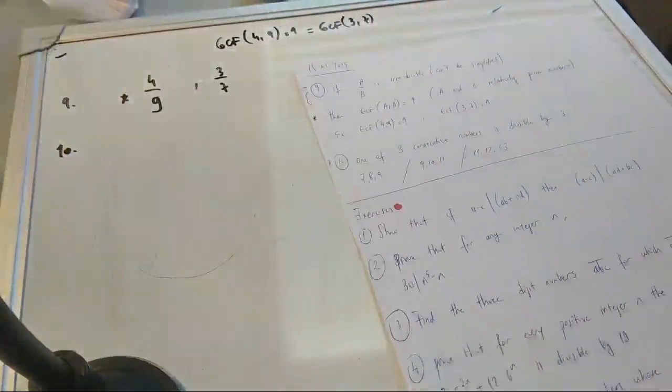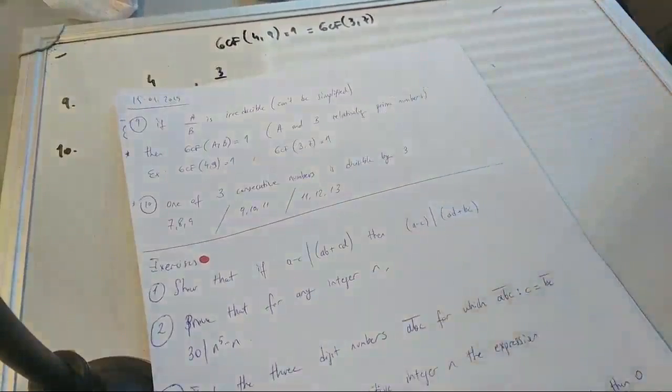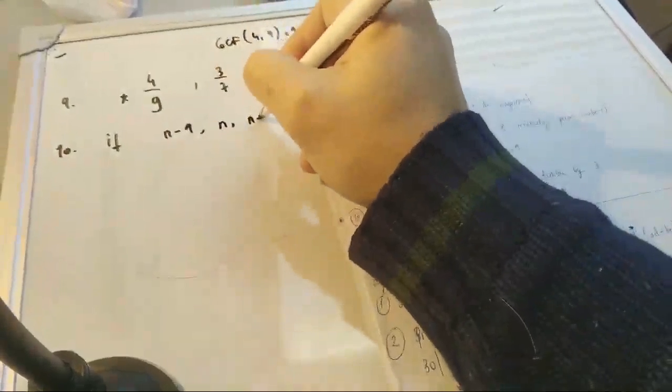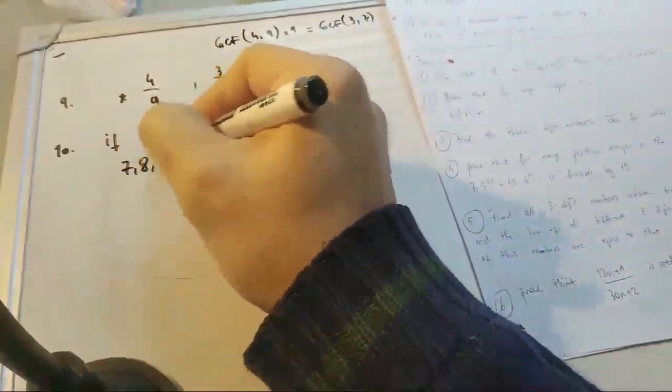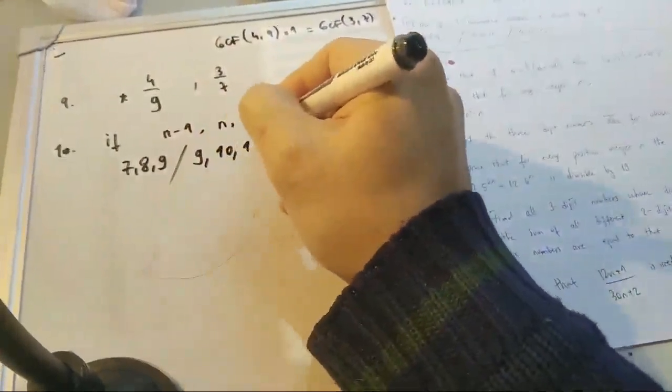And the next property says one of 3 consecutive numbers is divisible by 3. So for n minus 1, n, and n plus 1, these numbers are three consecutive numbers. For example, 7, 8, 9. 9, 10, 11.